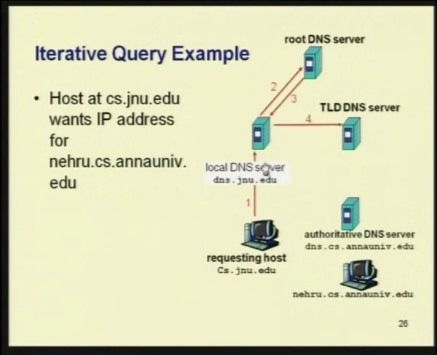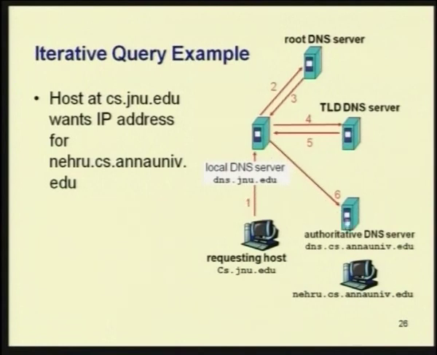Now the local DNS server sends the same request to the top level domain DNS server, which is the edu DNS server. This again does not have the full details, so it sends back information saying, I do not know how to contact the full nehru.cs.ninu.edu, but I can tell you how to contact ninu.edu. Now we have the IP address for the ninu.edu DNS server, which is the authoritative DNS server.